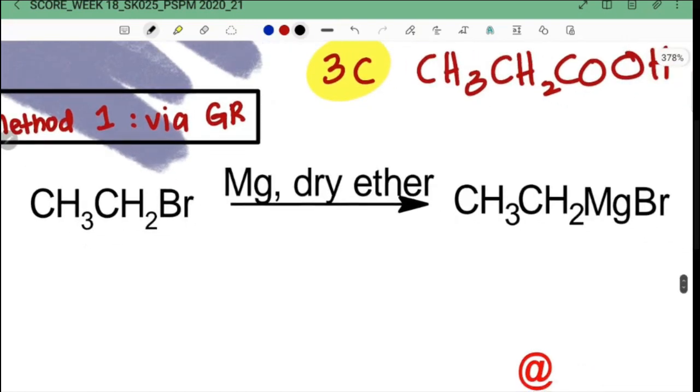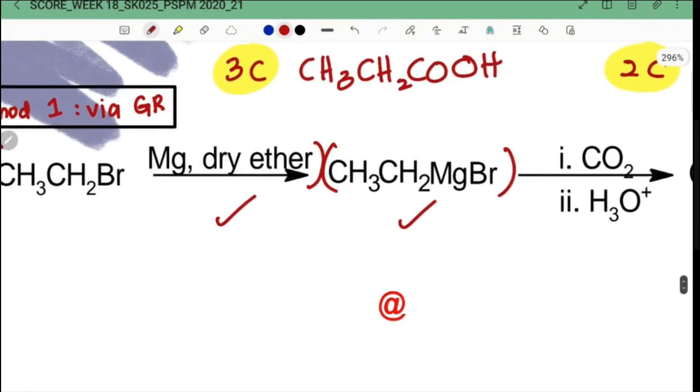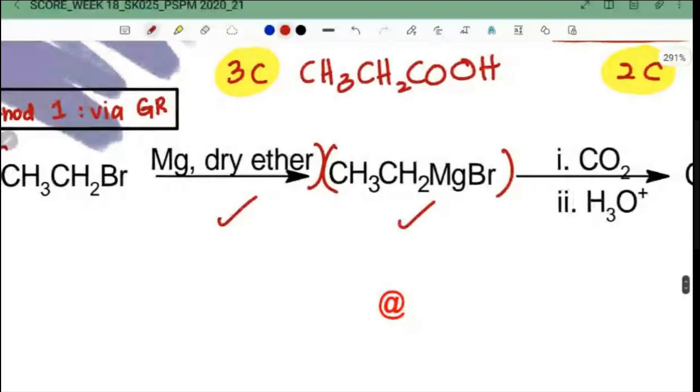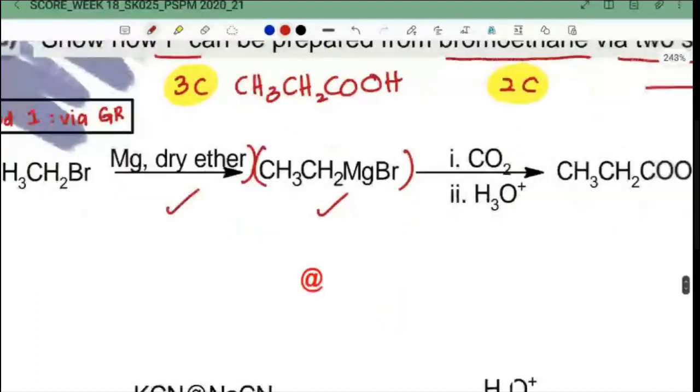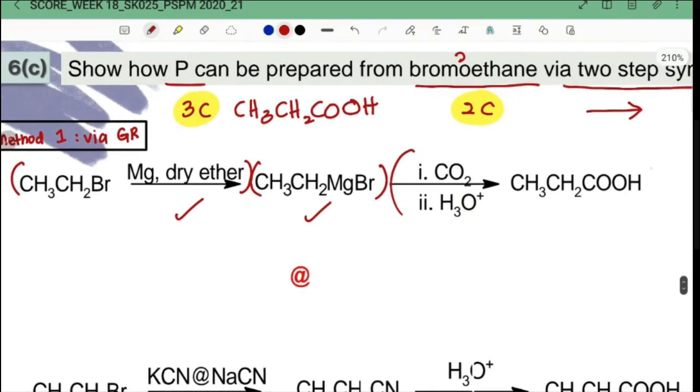Okay, so first of all, from the bromoethane react with the magnesium in dry ether. Okay, form a Grignard reagent, ethyl magnesium bromide, and then since you want to form the carboxylic acid with extra 1 carbon, reaction with carbon dioxide followed by hydrolysis will form the propanoic acid.